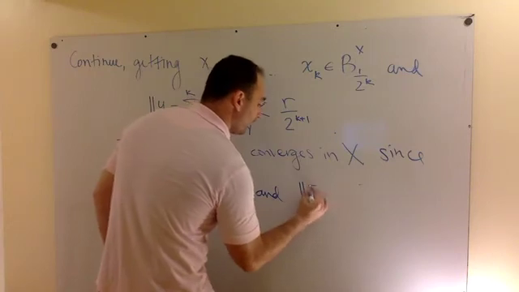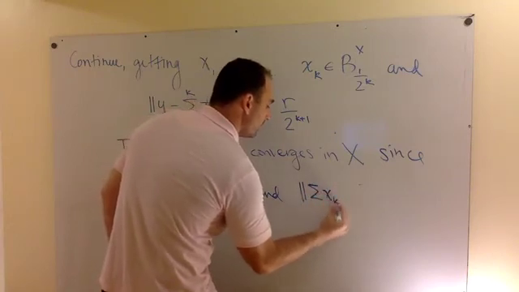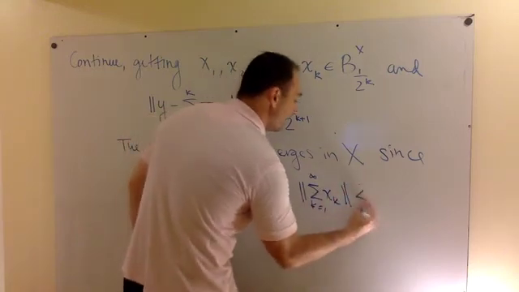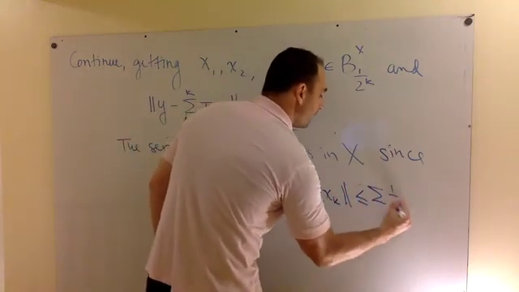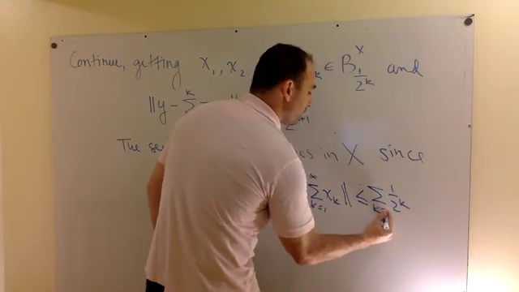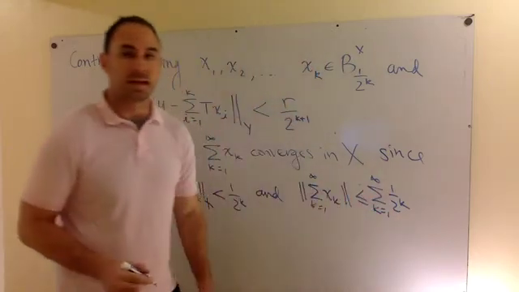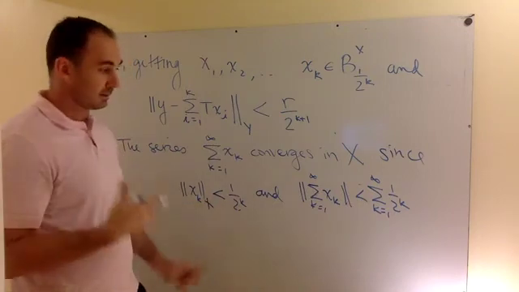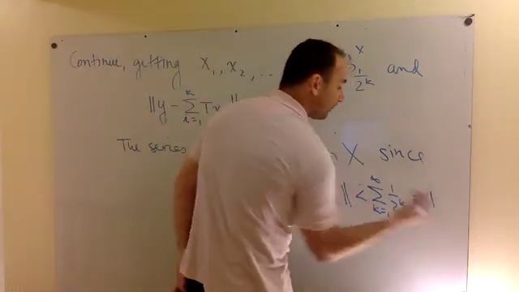And, in fact, if I use the triangle inequality, and I sum up, and by the way, that's actually strict. The triangle inequality is not strict, but these inequalities are all strict. This is less than 1.